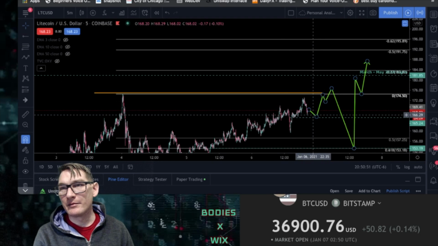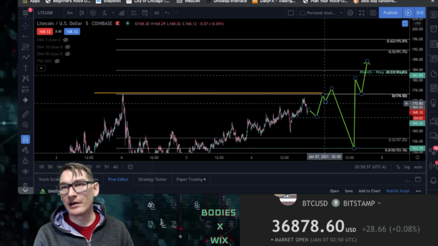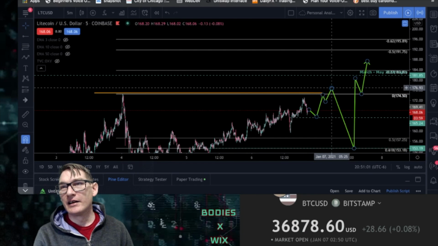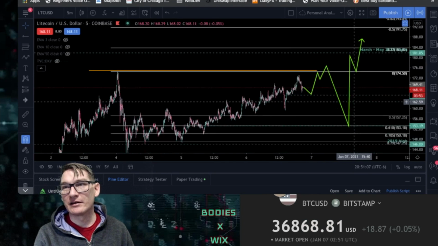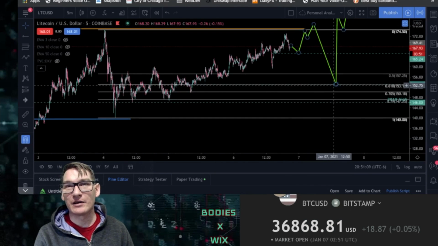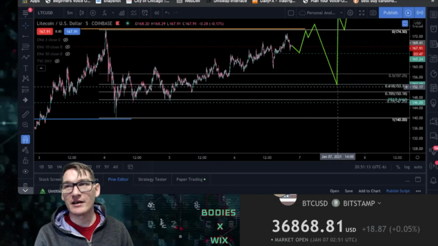Pull back down, mitigate, come back up, make an equal high, and that way it drops a little bit. That way everybody thinks it's going to sell, and then they'll push it just above it to make people think it's going to buy, and they'll start buying along with it, and then boom, they'll drop it down to an area that hasn't been mitigated before, to where it's a discounted price.